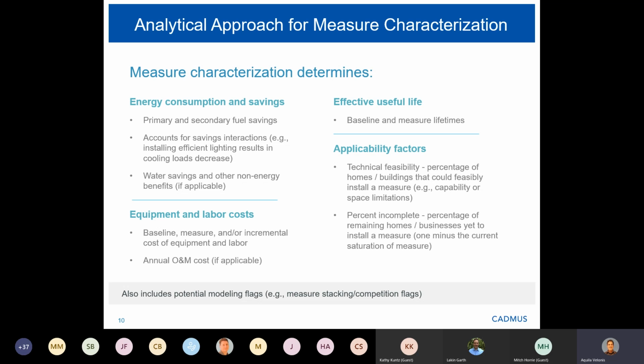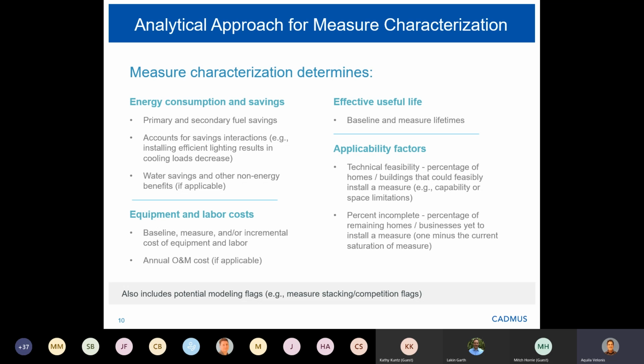The characterization also includes incorporating equipment and labor costs for both the baseline and measure for the permutations. This may also be an incremental cost value for both equipment and labor. Depending on the measure, we'll incorporate an annual O&M, and typically this is around replacement costs when a baseline lifetime is different than a measure lifetime.